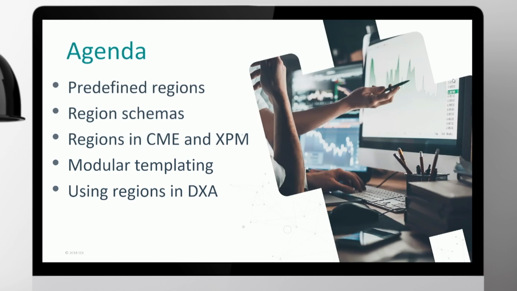We also talk a little bit about templating, so how to use regions and content in the region in the modular templating for rendering on the CM side, and also I'll briefly show what the new DXA 2.1 will look like. That will also benefit from the regions.